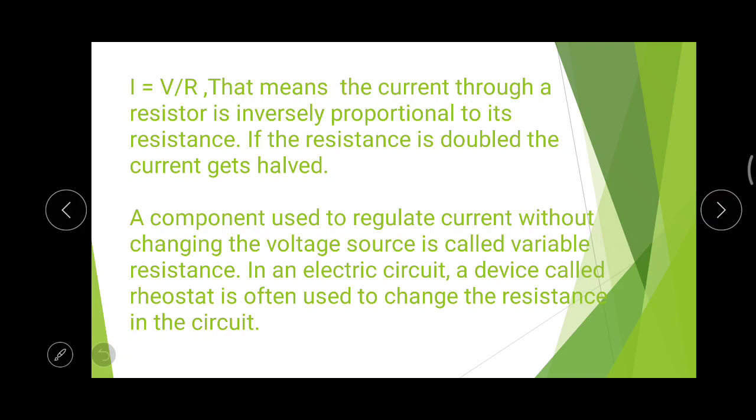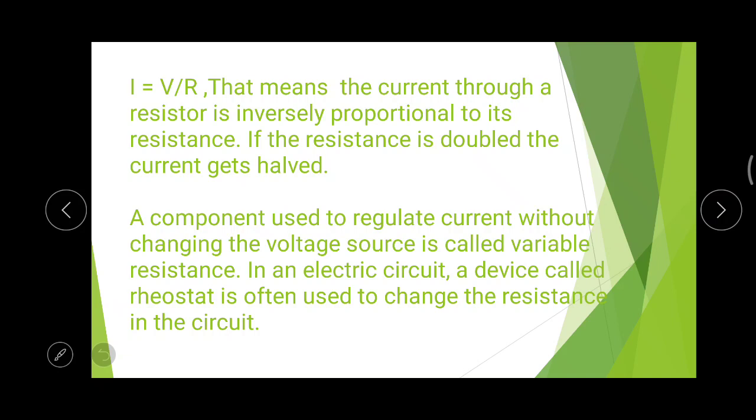It means the resistance and current are inversely proportional to each other. That means if the value of resistance is increasing by 2 times, then the current value will decrease by 2 times, isn't it? If the resistance is doubled, the current gets halved.